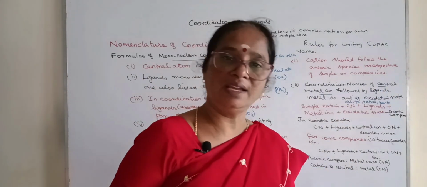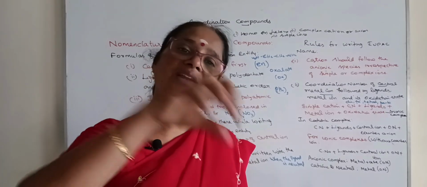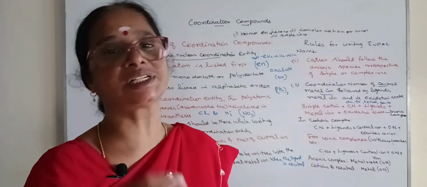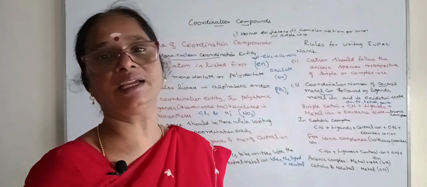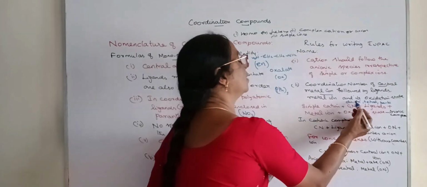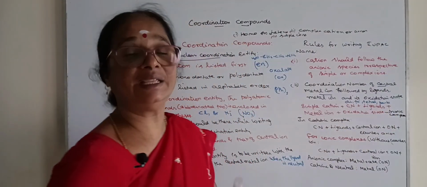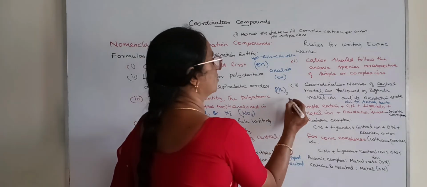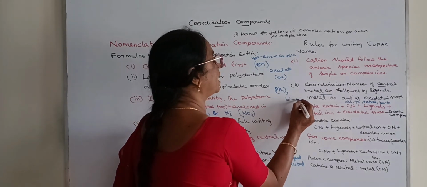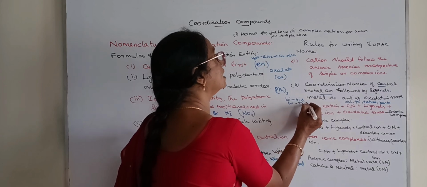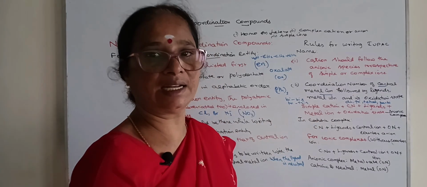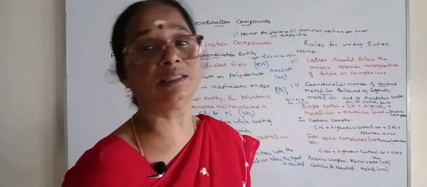Suppose the ligand itself has any numerals in its name, then for such ligands we are not supposed to use these numerals. Instead, for di it has to be taken as bis, for tri it is taken as tris, for five it is taken as pentakis, like that.